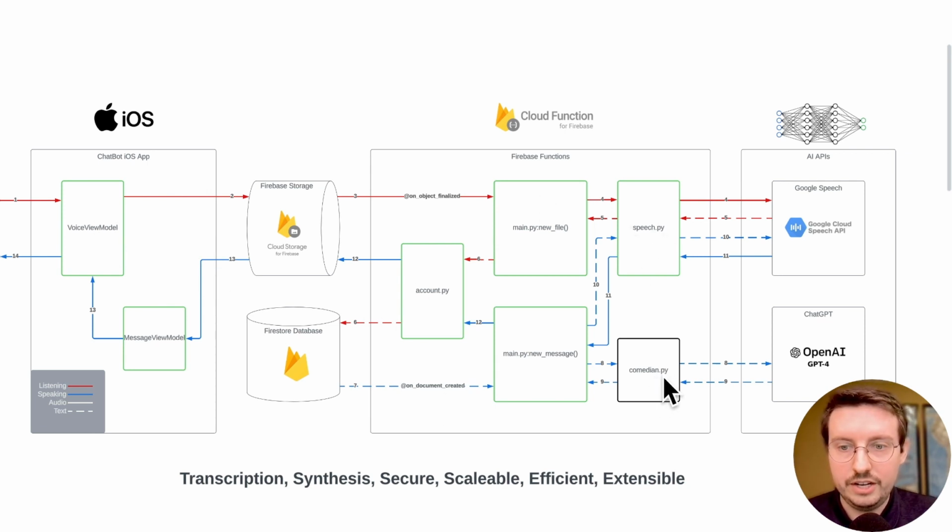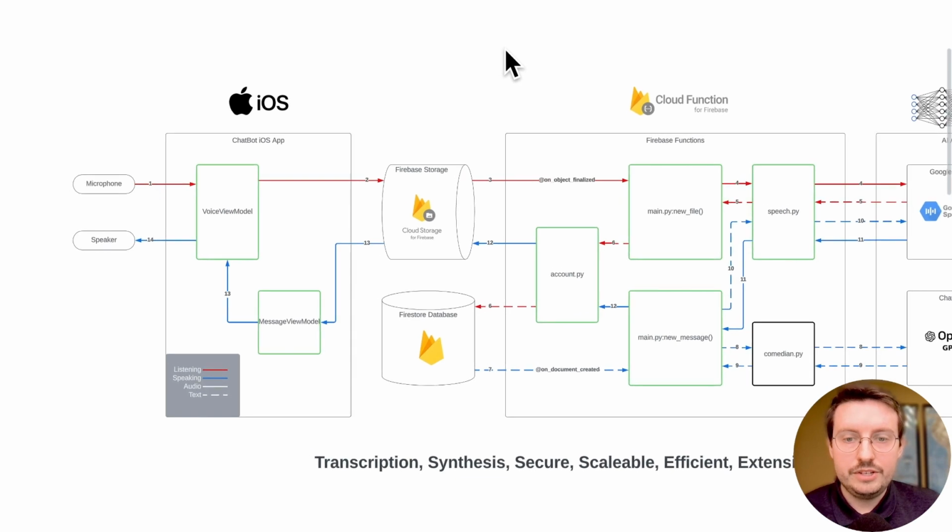Furthermore, if we wanted to change our chat agent, so if we want to change out ChatGPT for some other chat agent, we could, and all we would need to change in theory is comedian.py. And finally, if we wanted to change our storage system, so our interface here, which passes the messages and the audio files, we would only need to, in theory, change account.py.